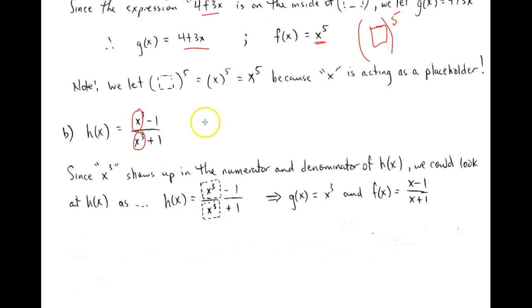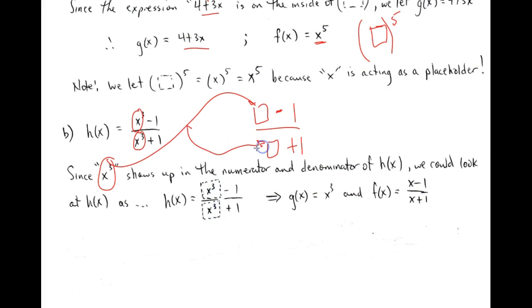So we'll have box minus 1 over box plus 1. And we're saying that the x raised to the 3 are the things that are being stuffed in here. So one way to think about the function h of x is just to say that the inside function is x cubed and the outside function is x minus 1 divided by x plus 1, where x again is just representing a placeholder. Okay.